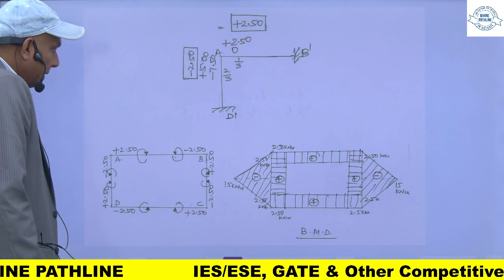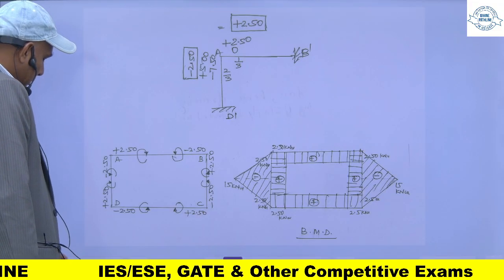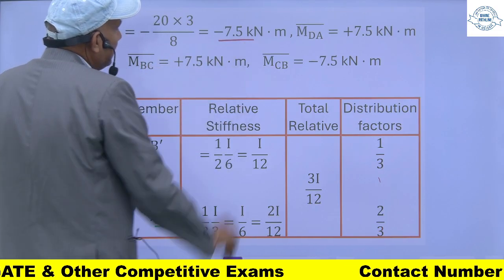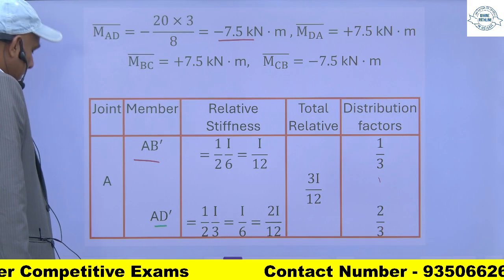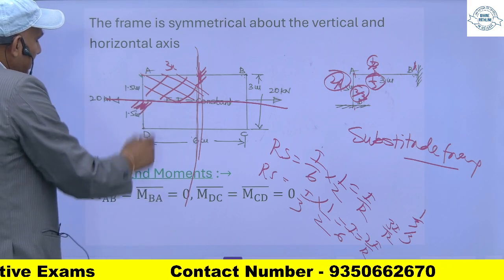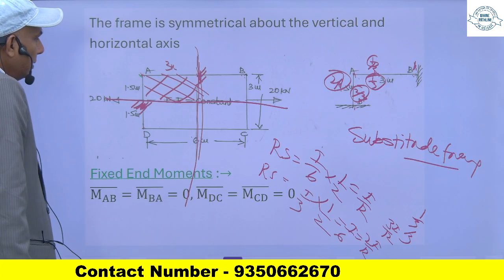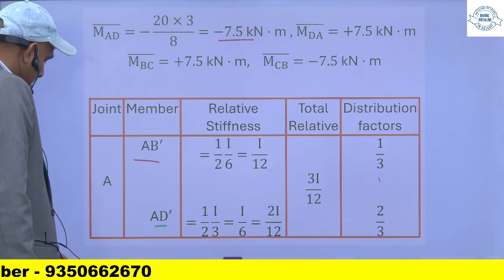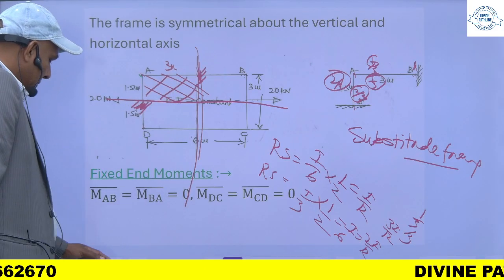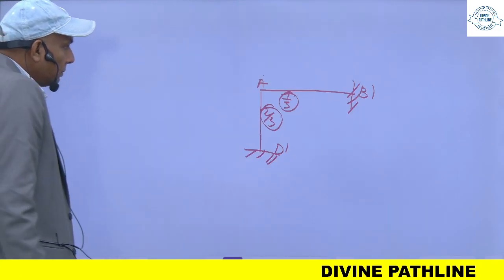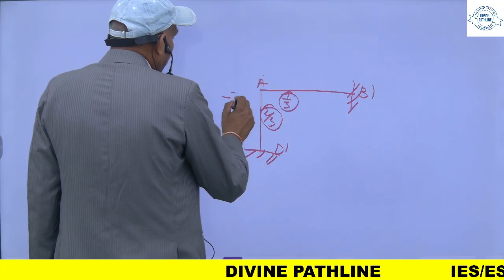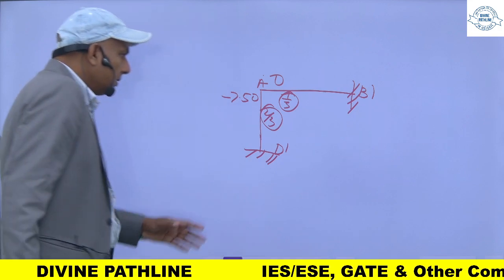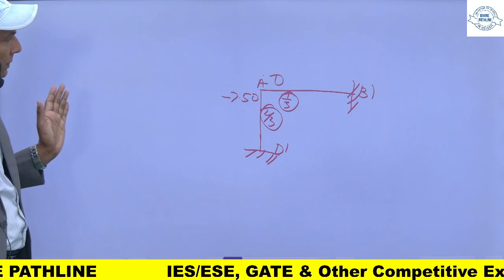So the moment at this point: for AD it is minus 7.5, and for AB it is 0, since no load is acting. So minus 7.5, and it is 0, and this I will not consider. So I will consider only this joint.